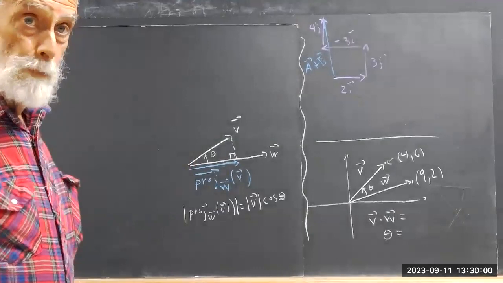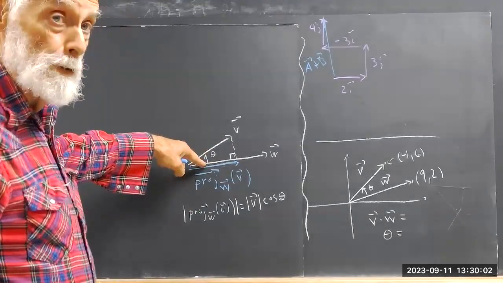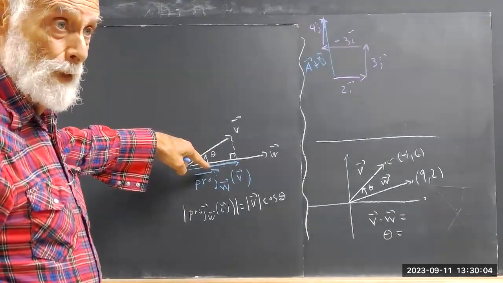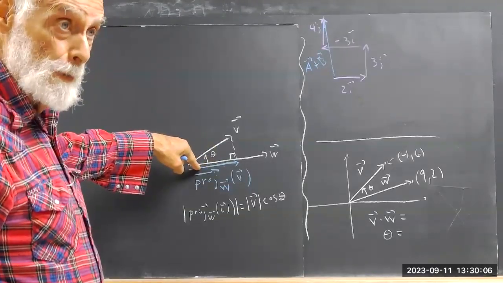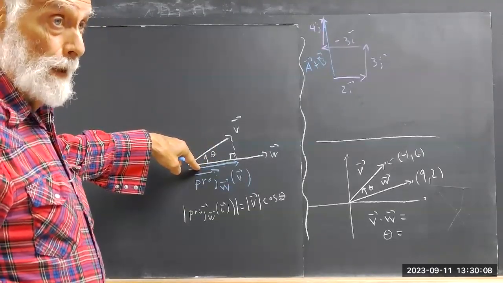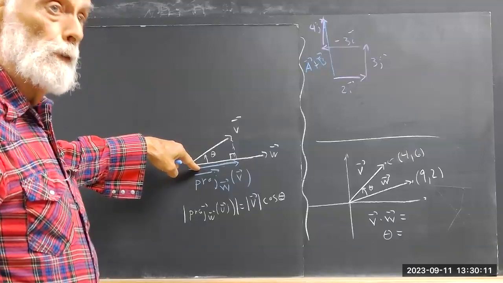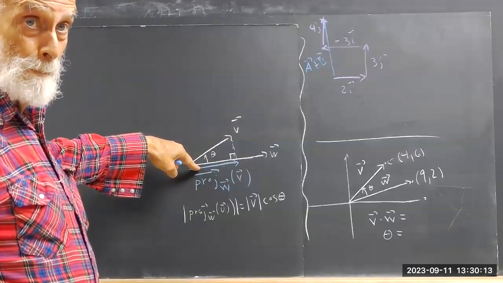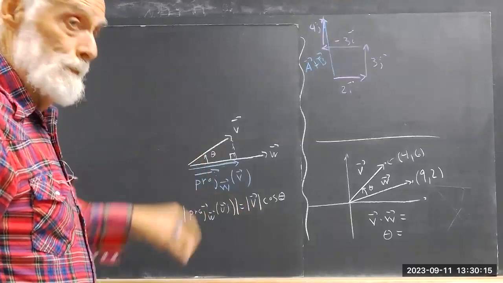It's magnitude of V cosine theta. Here's your hypotenuse, here's your adjacent side. This side is this side times the cosine of theta. And if that's not second nature to you, keep looking at right angle trigonometry. Okay? It's not totally obvious.